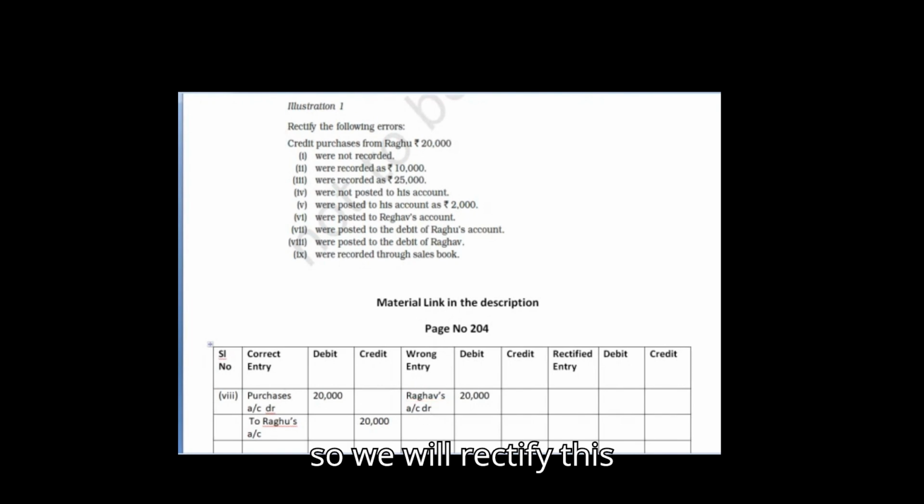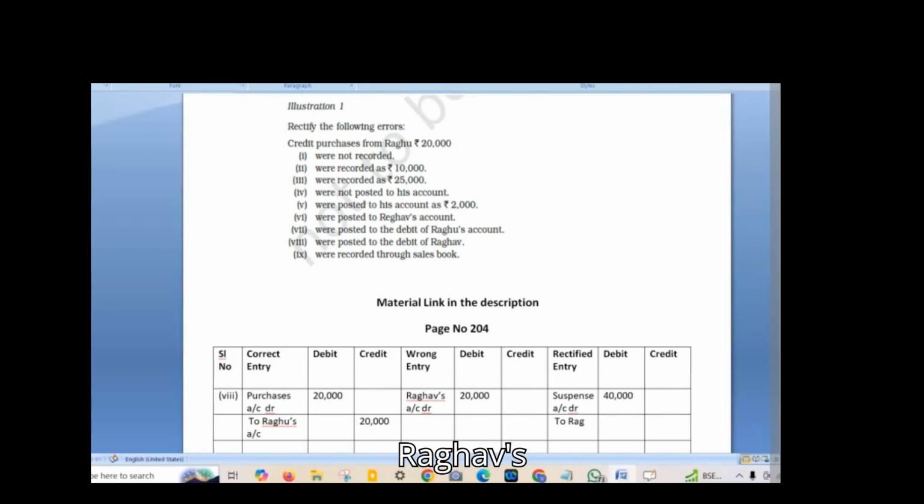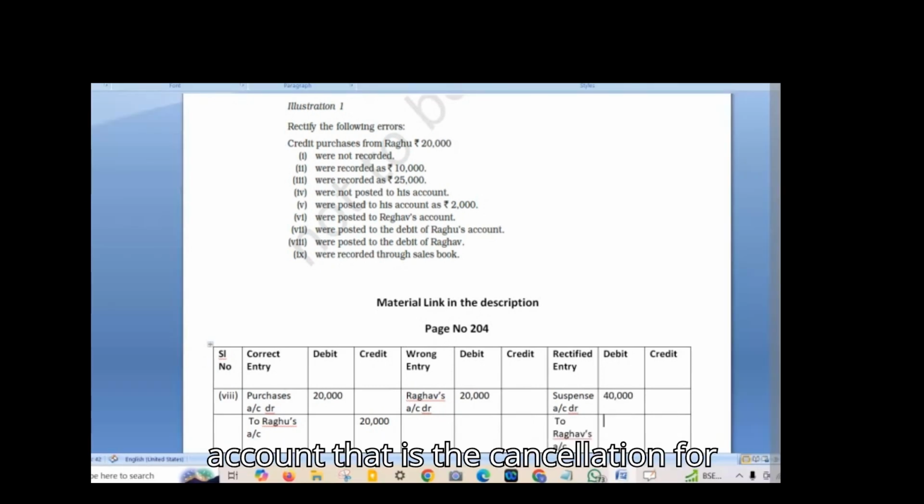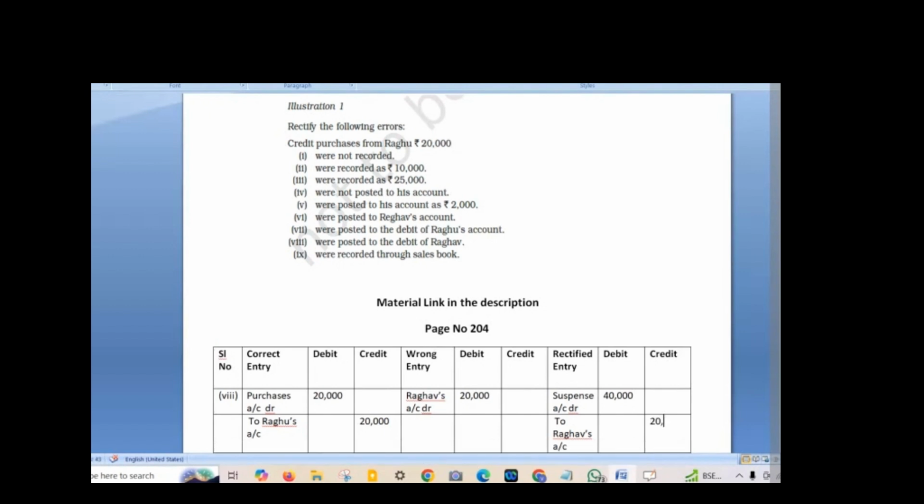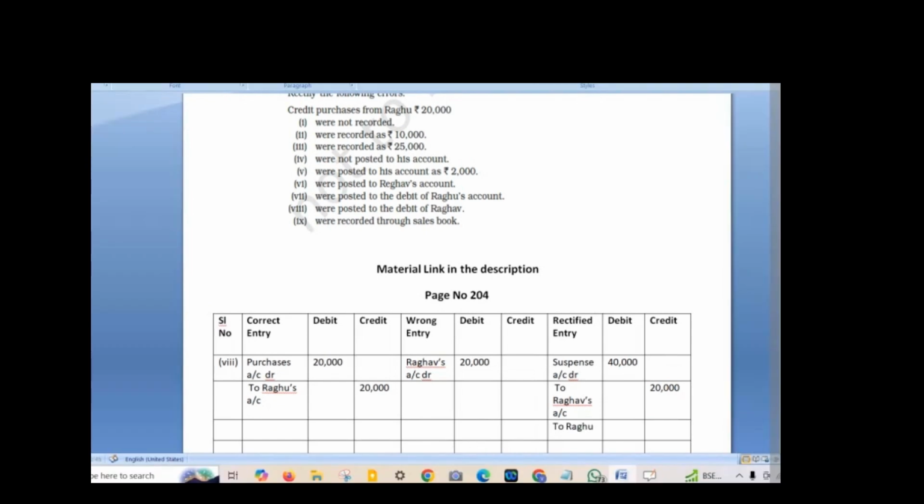So we will rectify this. Suspense account debit 40,000 to Raghav's account, that is the cancellation for 20,000, to account.